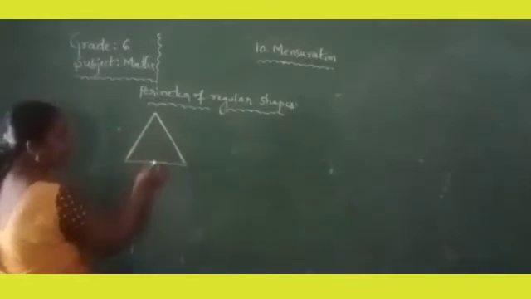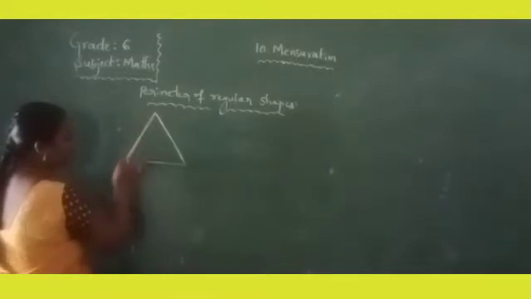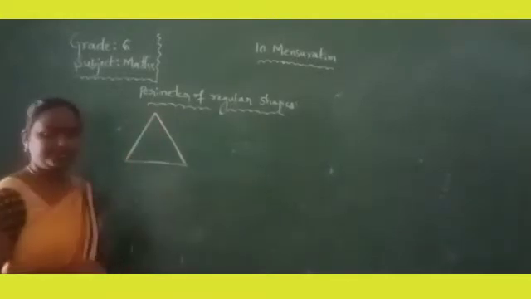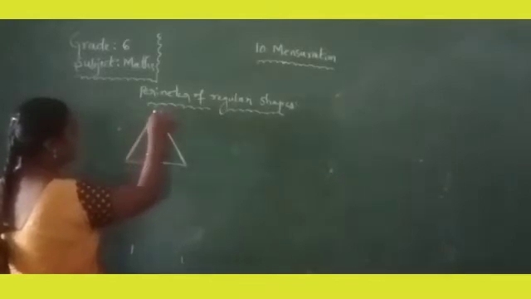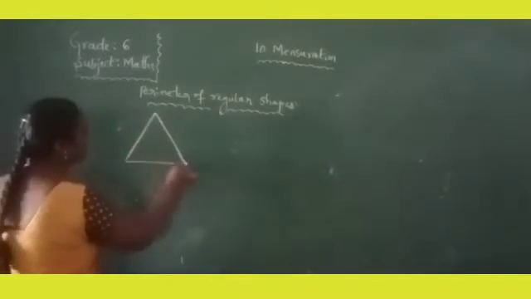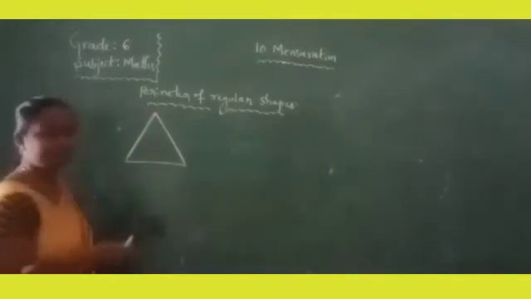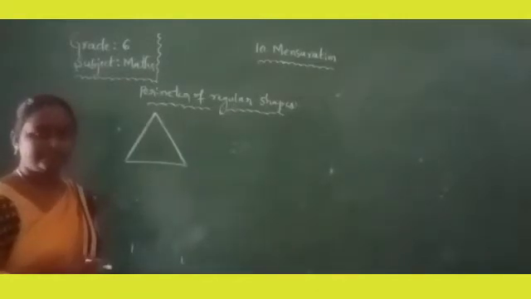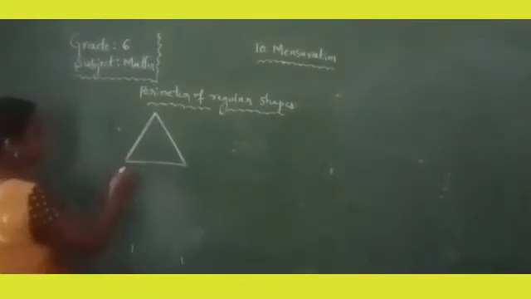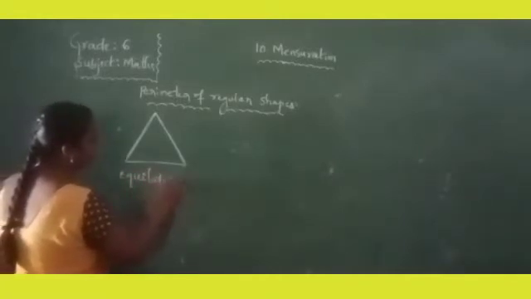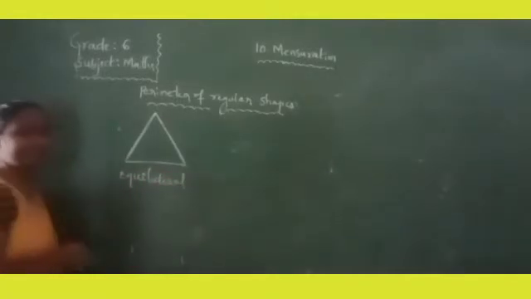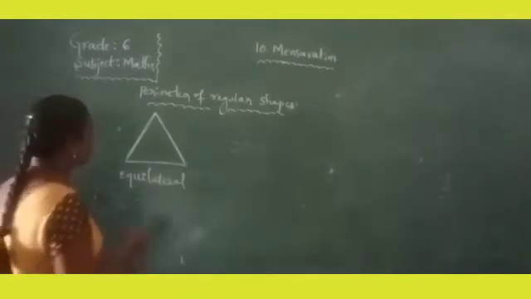If all sides are equal, each side is equal to the other two sides, we can say it is an equilateral triangle, a triangle having three sides equal.